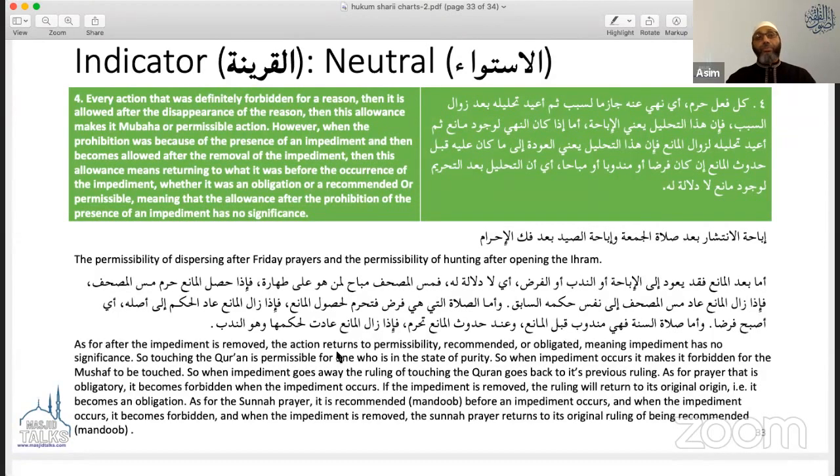Now, for example, the ruling regarding ibahat al-intishar, the permissibility of dispersing after Salatul Jum'ah, after Friday prayers, or the permissibility of hunting after opening the ihram.